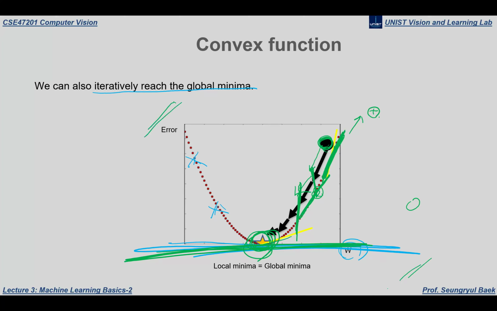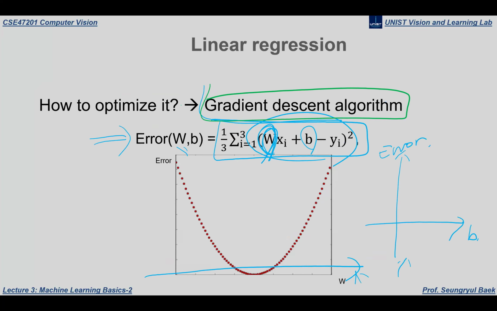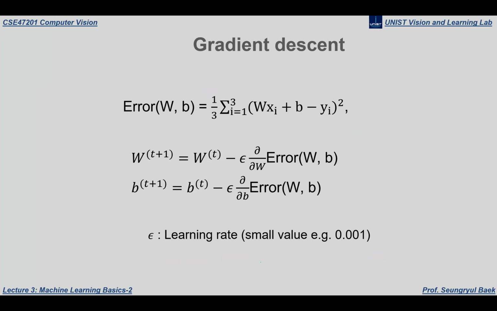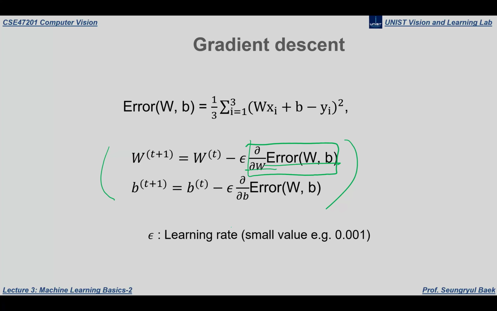This type of algorithm is called the gradient descent algorithm, and we can formulate it like this. This differentiation looks complicated, but it simply means the differentiation of the error with respect to w. It means the slope here. Then we multiply by a minus sign.